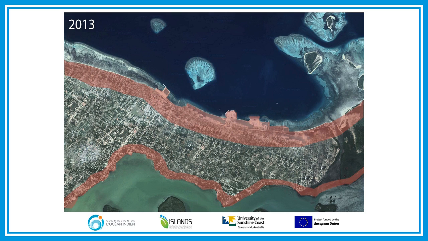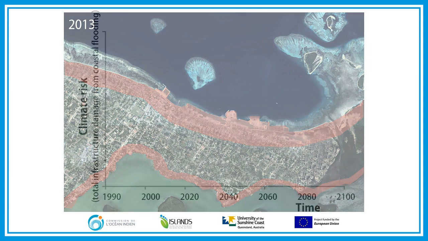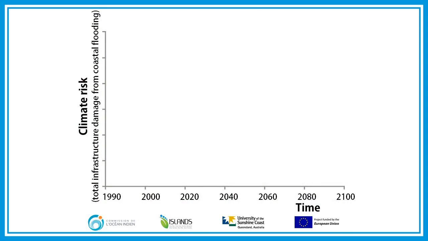Because damage from weather-related events is affected by existing vulnerabilities, socioeconomic development, and climate change, the economic assessment process has several steps. In the diagram, time is represented on the horizontal axis. Climate risk, which in this example is the damage to infrastructure from coastal flooding, is shown on the vertical axis.